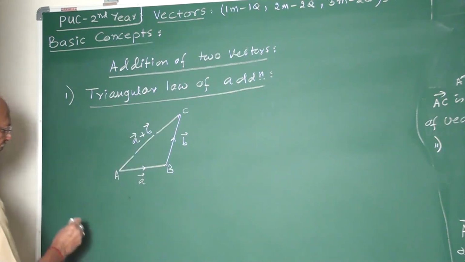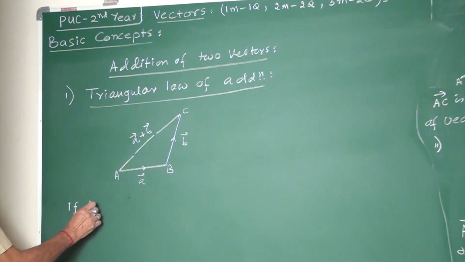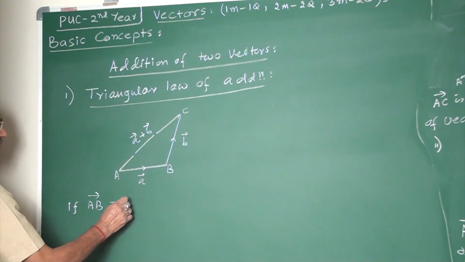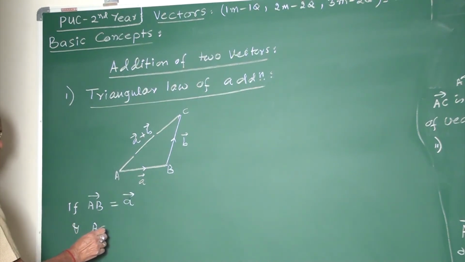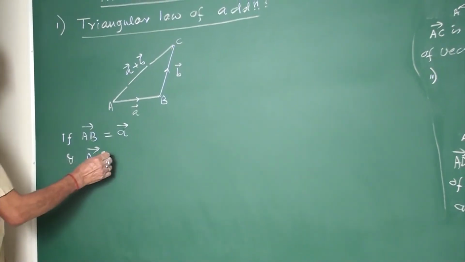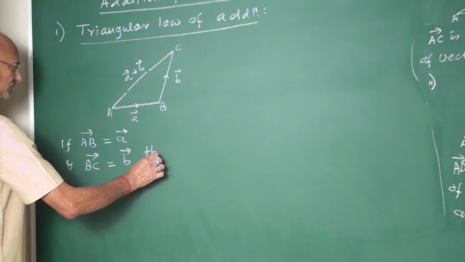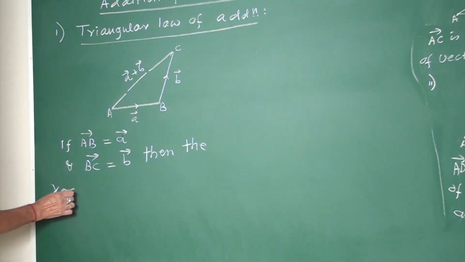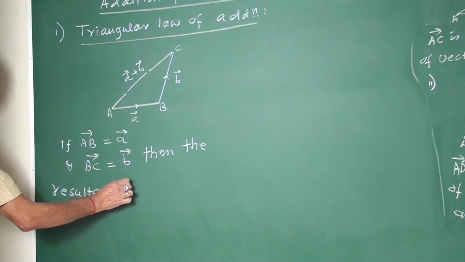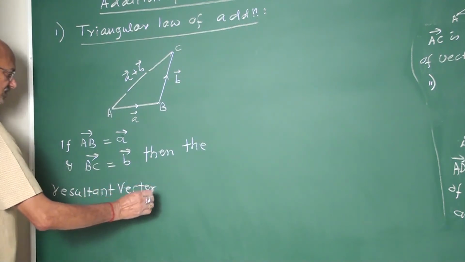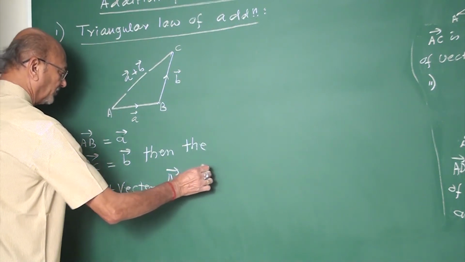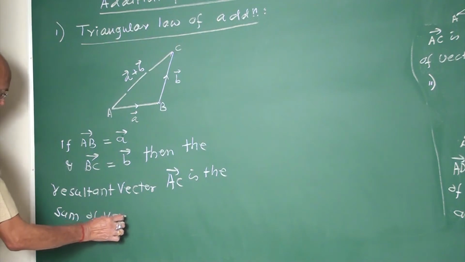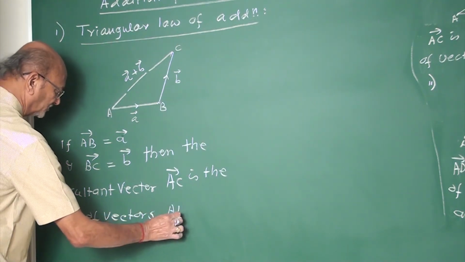So from this, if factor AB equals factor A and factor BC, it is a must that the end and initial point is B, then the resultant factor AC is the sum of factors AB and BC.